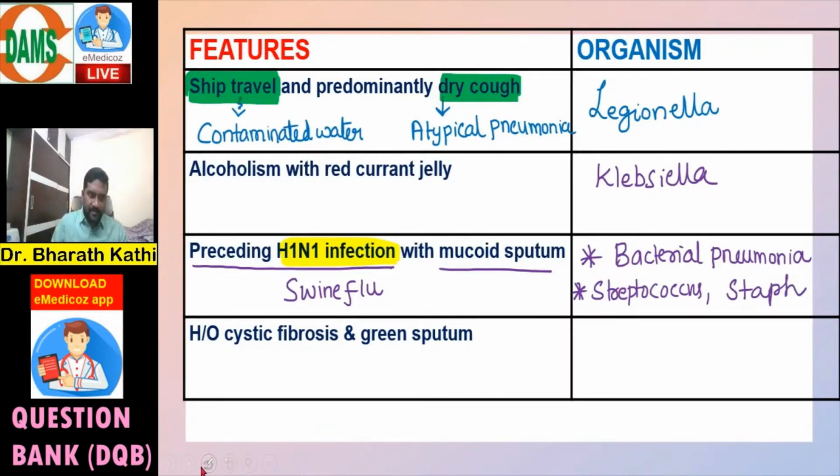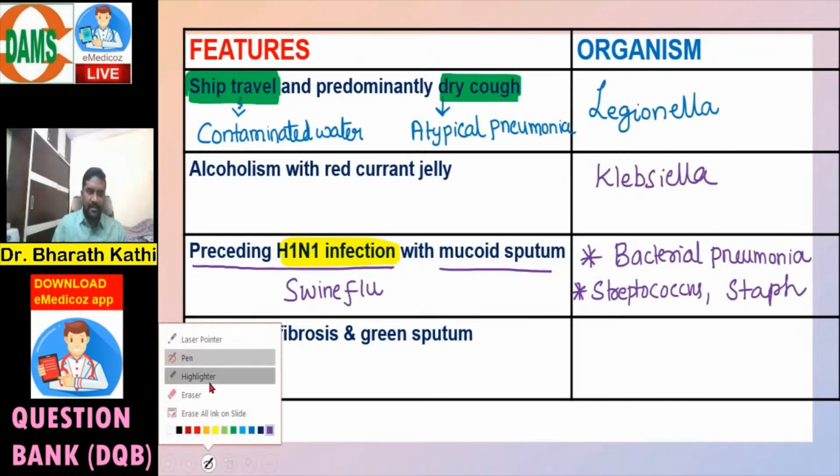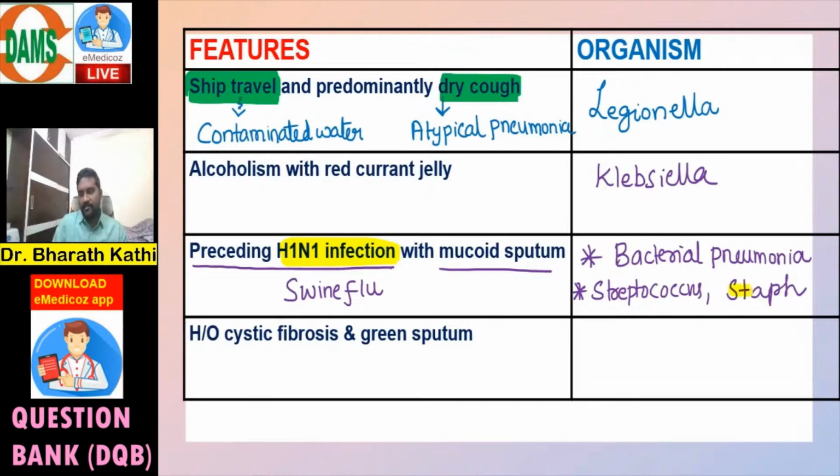But out of these, if they ask you which can lead to mortality, Staph pneumonia can be severe in this patient and can also lead to mortality. So they will ask you a question like this: this patient recently recovered from a viral illness, and after a few weeks developed a bacterial pneumonia that resulted in death. Then your answer should be Staph pneumonia.